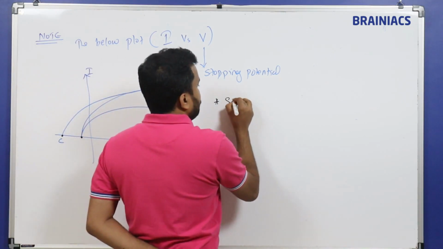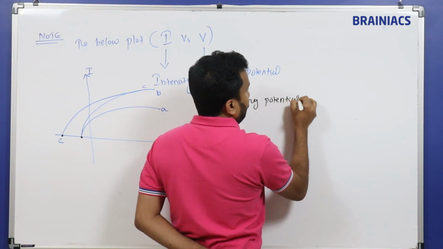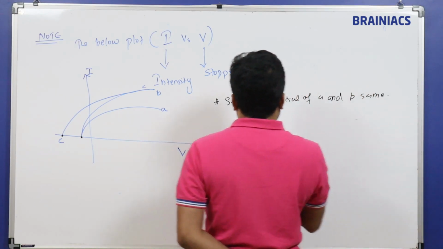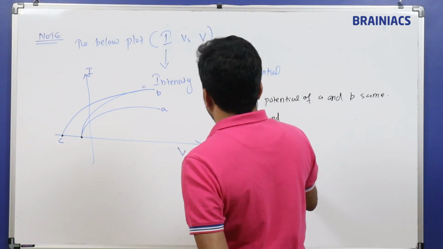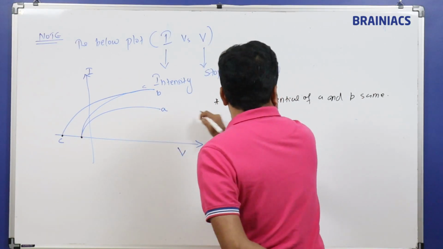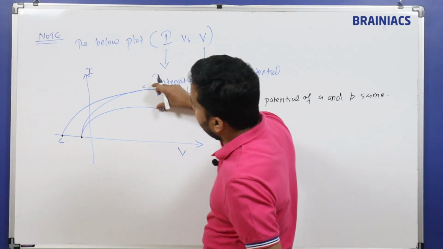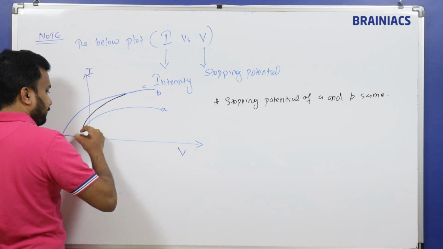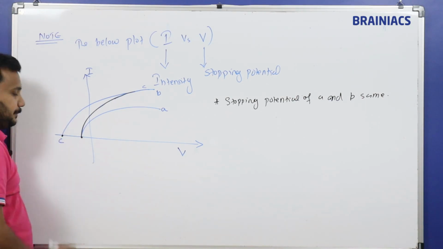Stopping potential of A and B is the same, because A and B converge to the same point. So B is this one. Stopping potential of A and B will be the same.